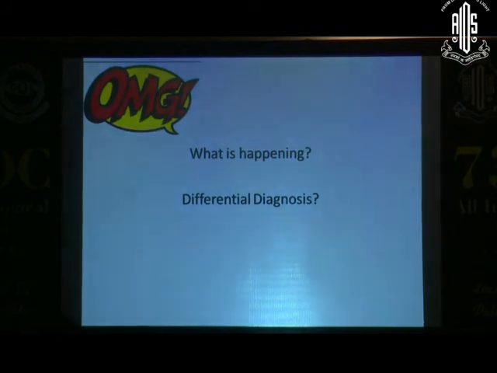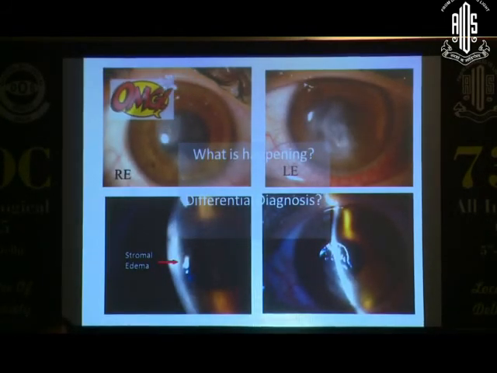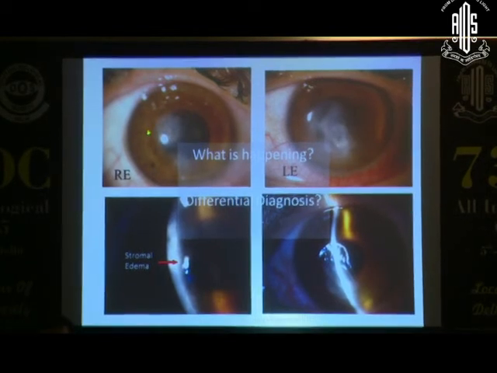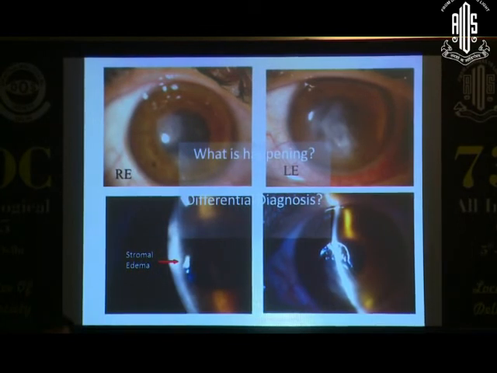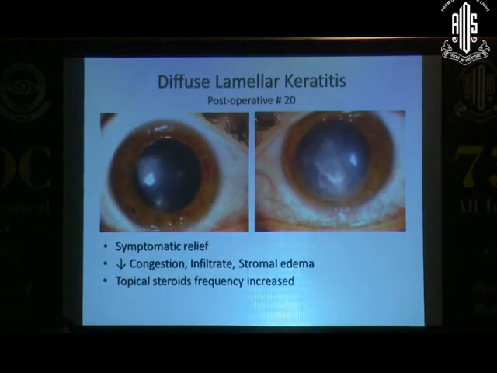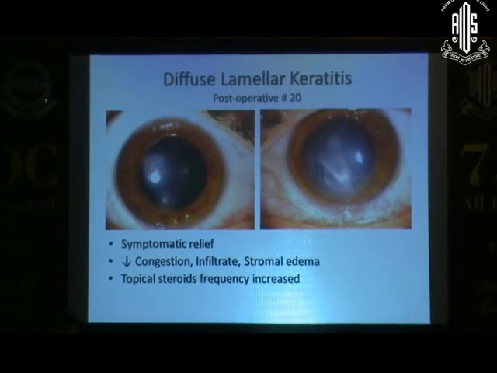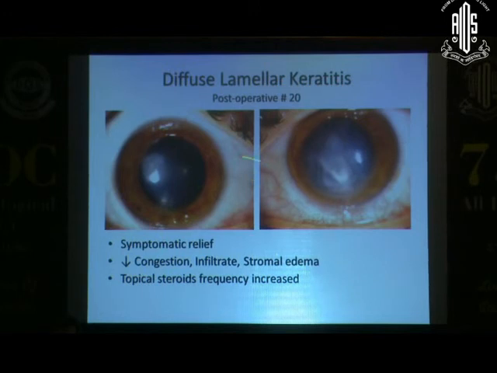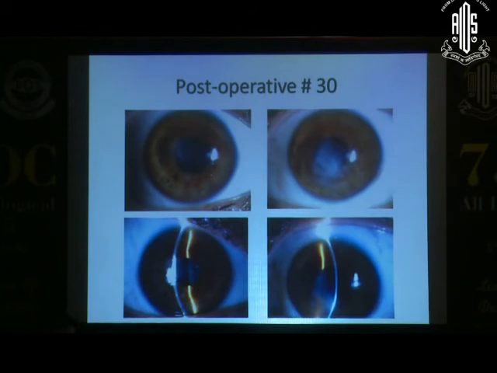If you look again, there was a lot of stromal edema over here. The infiltration actually wasn't that much. It was more edema. Because of the organisms and the inflammation, the patient now presented with a DLK. So we added topical steroids, and with that the patient started responding, and within a month the corneas cleared.